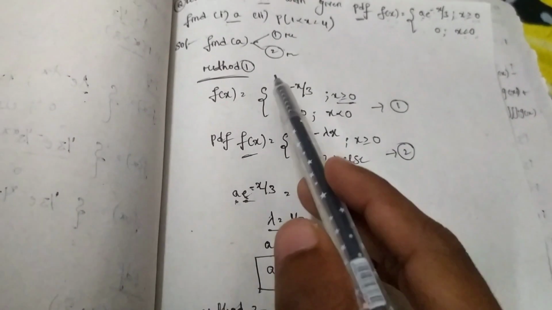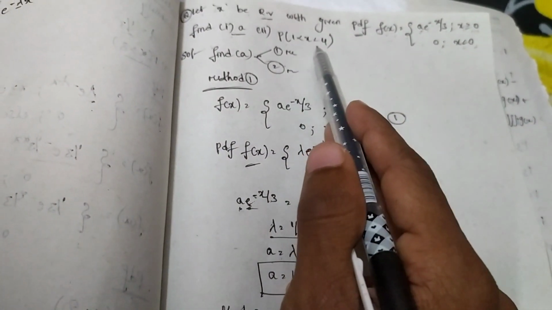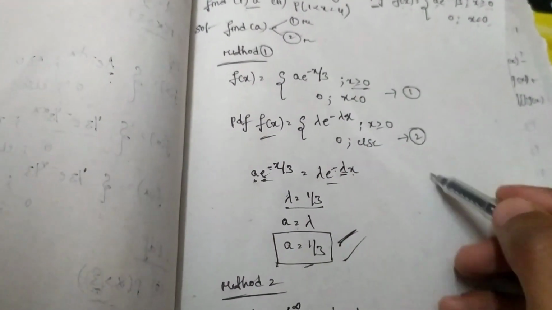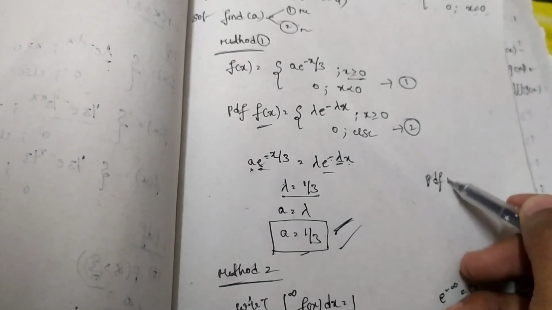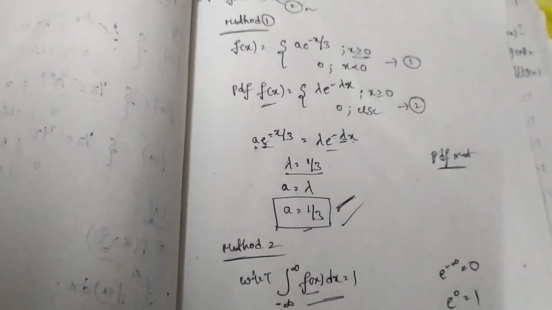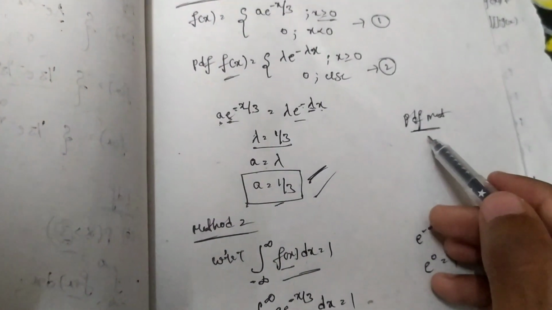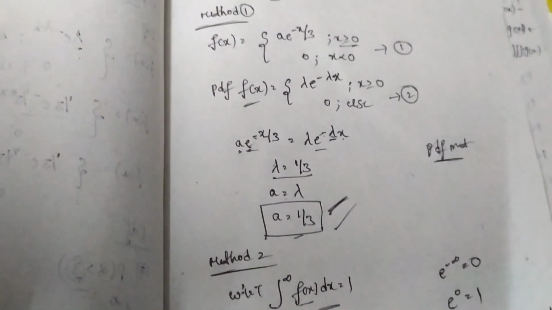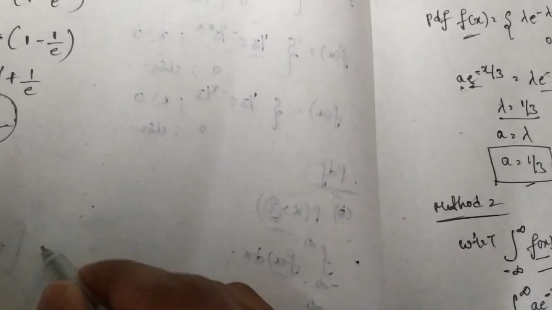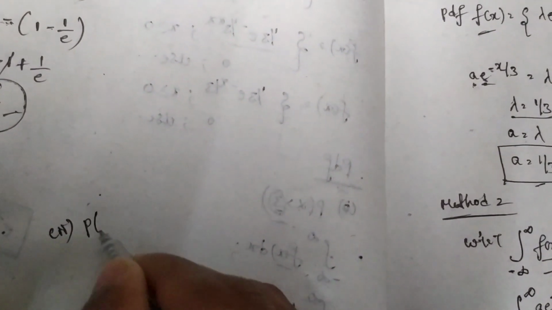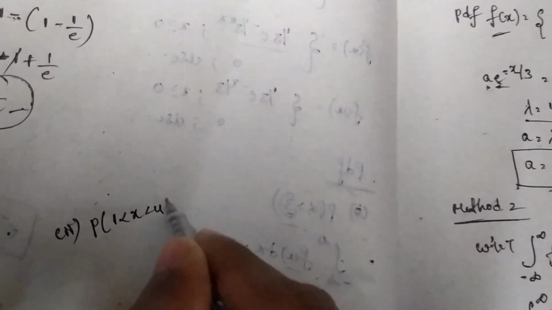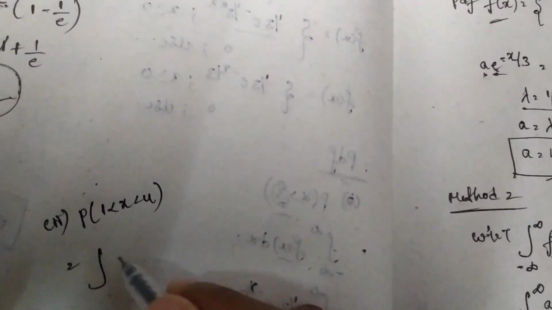Now we have to find P of 1 less than x less than 4 by using the PDF method, because here they are asking for the PDF only, so we use only the PDF method, not the CDF method. So P of 1 less than x less than 4 is an integration.